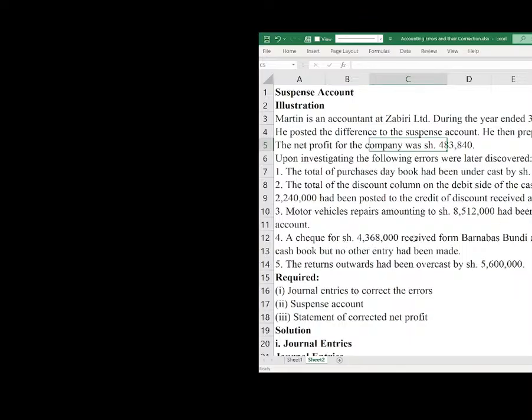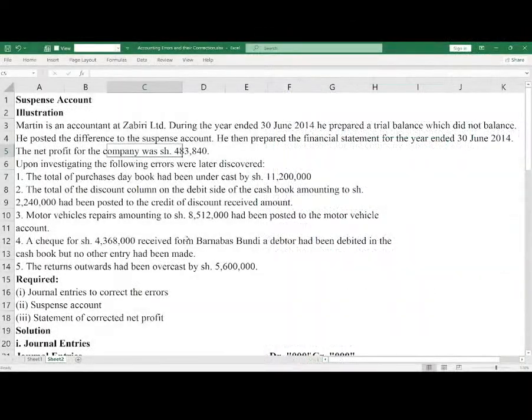A cheque of 4,368,000 received from Barnabas, Goody and Data had been debited in the cash book, but no other entry had been made. Then the return outwards had been overcast by 5,600,000.